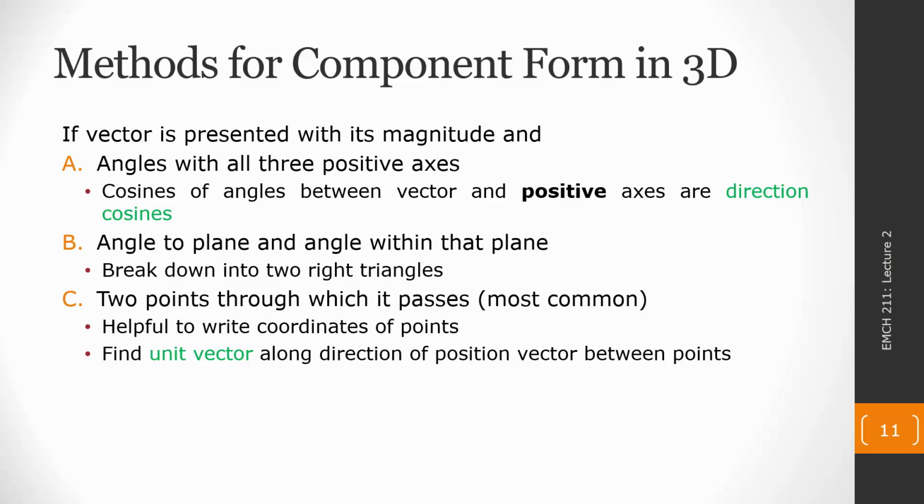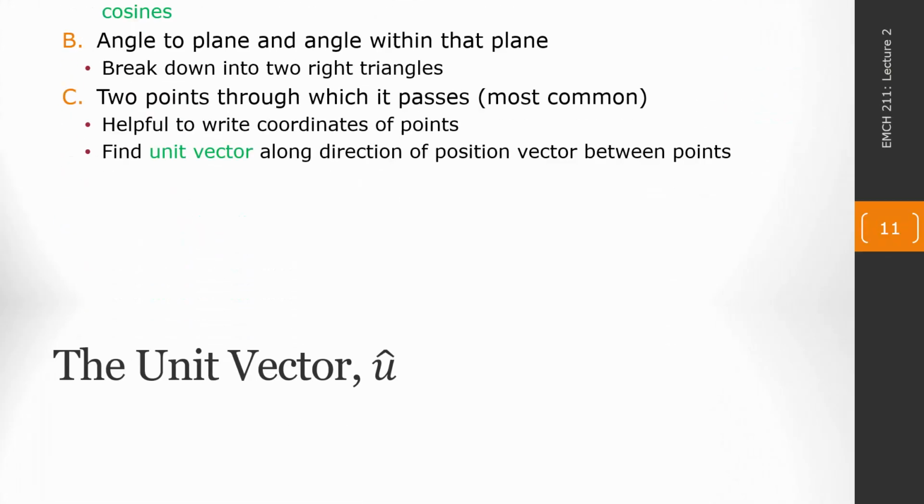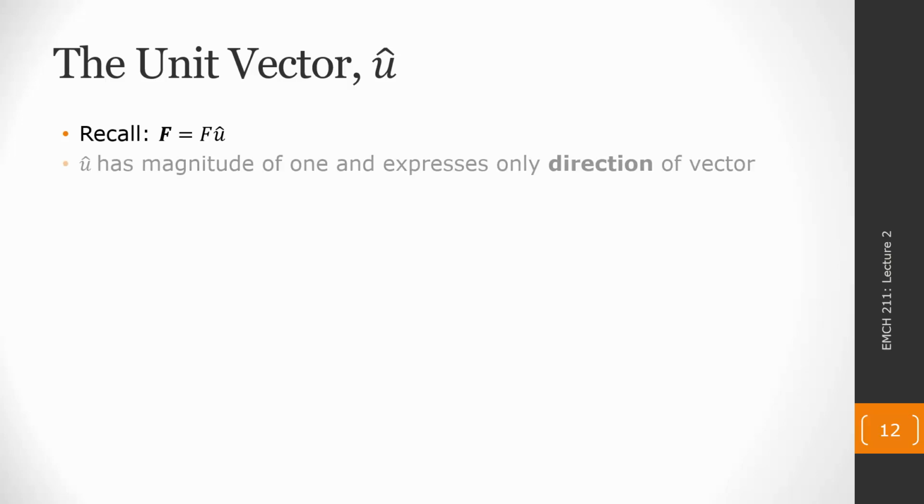So finding this unit vector is going to be the first step. So how do we go about finding that unit vector? Well, previously I said that any vector F could be represented by its magnitude, scalar F, times its direction, u hat. So this u hat again has a magnitude of 1, it's a unit vector, and it's just telling us about the direction of the vector.